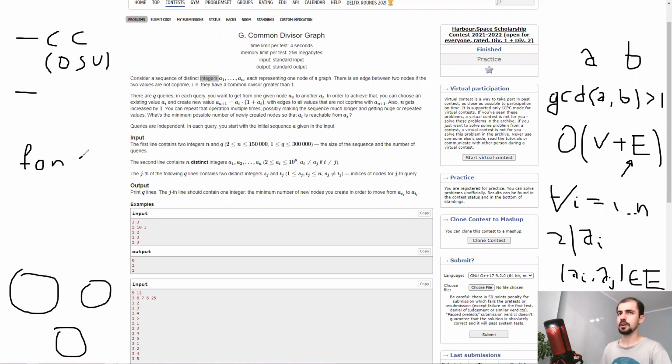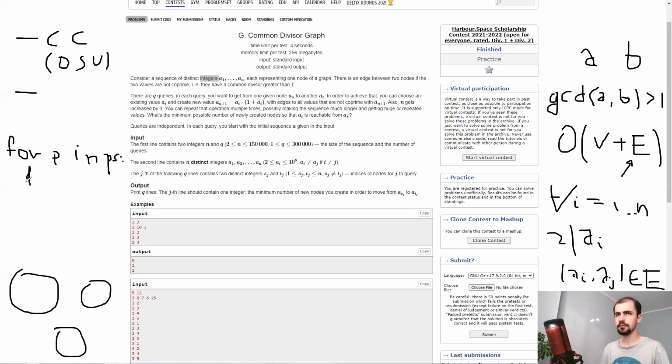So, for ai in A, then you have for divisor in divisors of ai, right? Sorry about that. Or you can switch those two around and say, okay, I'm going to loop for prime number in a set of primes.